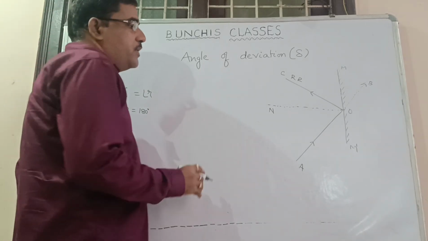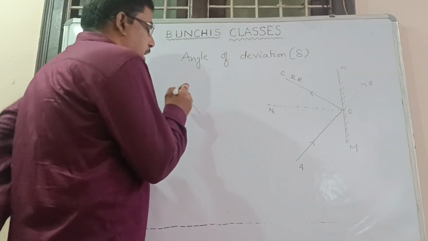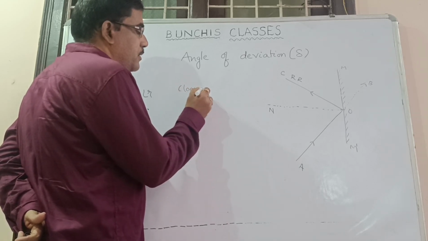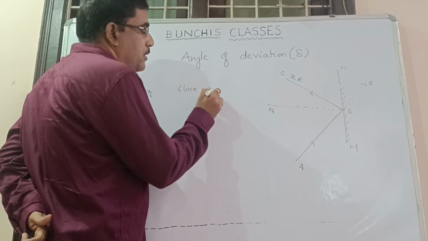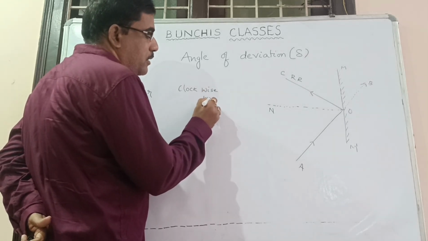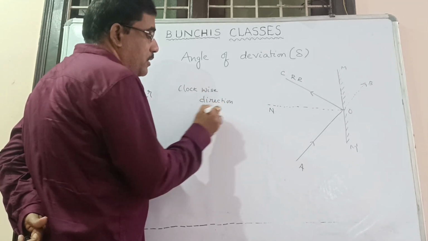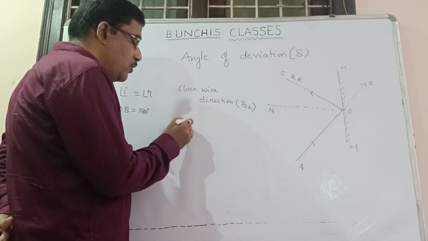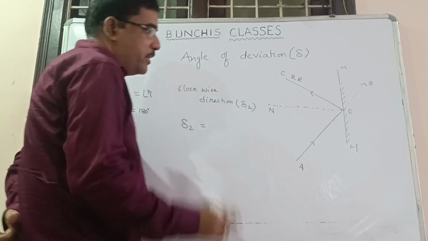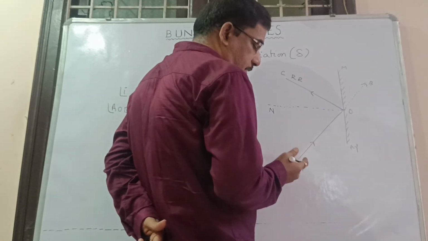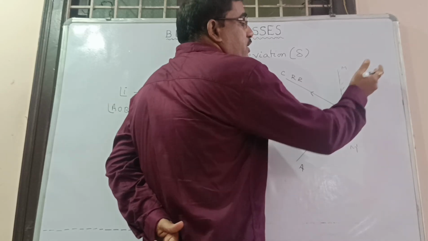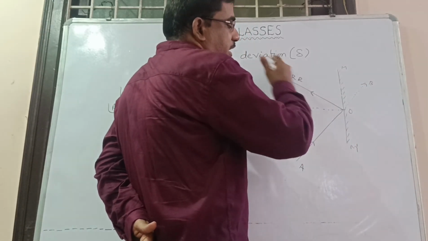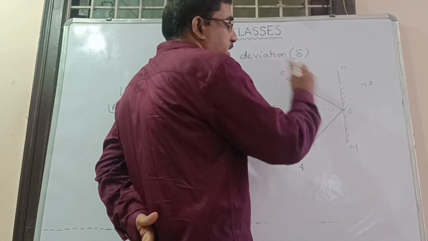Now, let us understand the angle of deviation in the clockwise direction. Let it be delta 2. So how to find delta 2? Clockwise direction means, this is the incident ray, this is the initial direction of the incident ray AOB, and this is the final direction of the reflected ray OC.